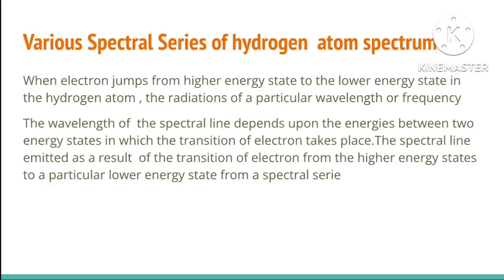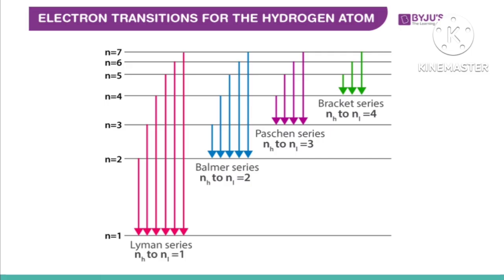The first one is known as the Lyman series. You can see in the figure, the Lyman series represents the spectral lines emitted due to the transition of an electron from any higher orbit, that is n equal to 2, 3, 4 and so on up to infinity, to the first orbit, n equal to 1.